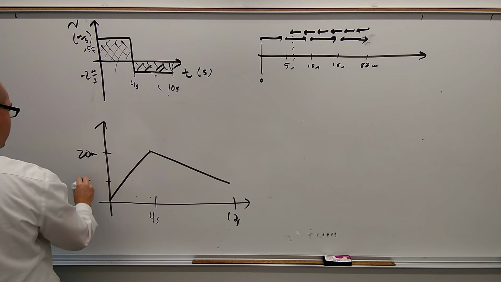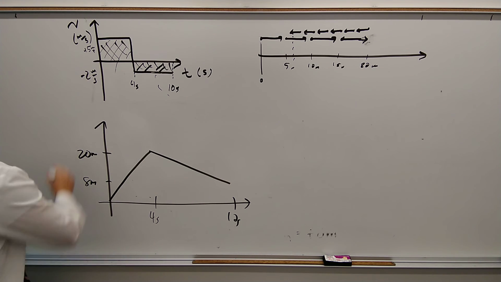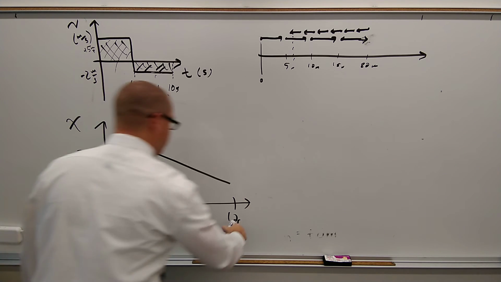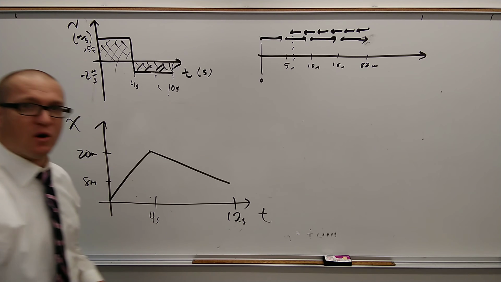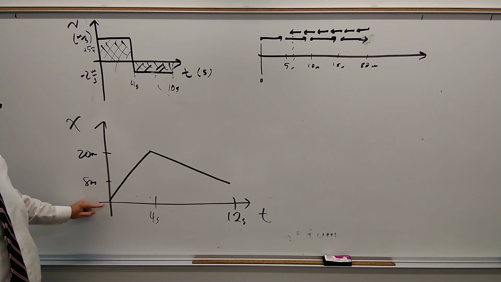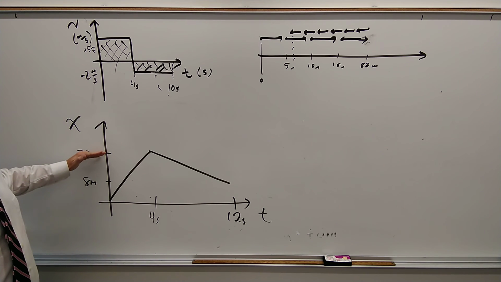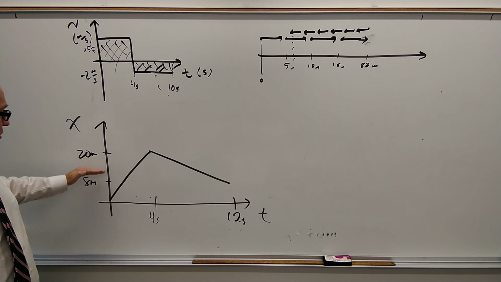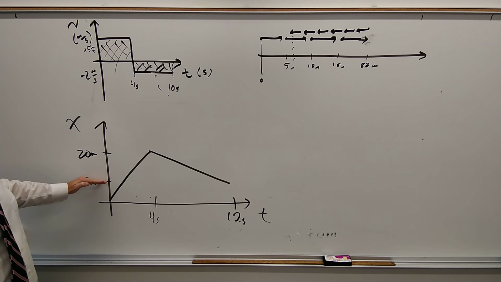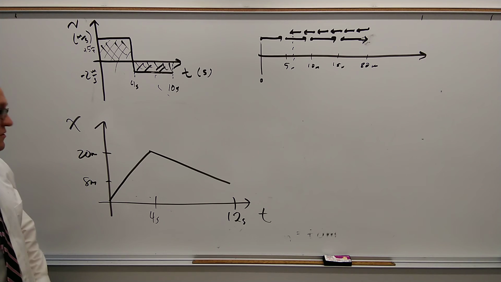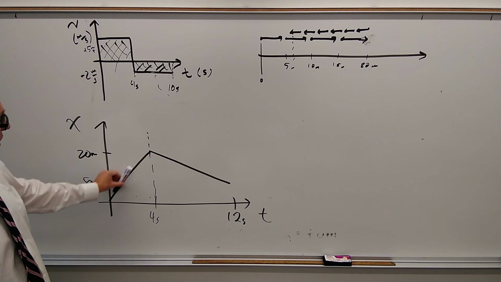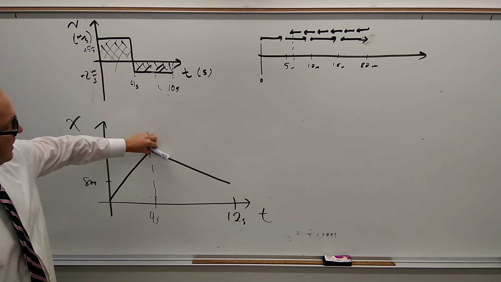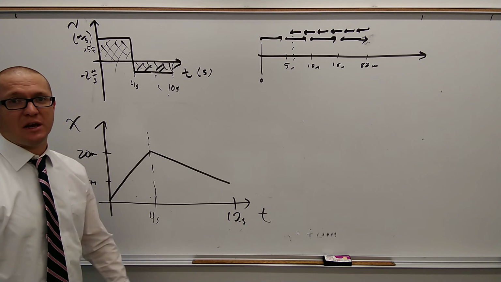It ends at 8 meters. So that would be your position versus time graph. Starts at 0, gains 20 meters, comes back 12 meters. That's the corresponding position versus time. It changes from a positive slope, a positive constant velocity, to a negative constant velocity at that 4-second mark.